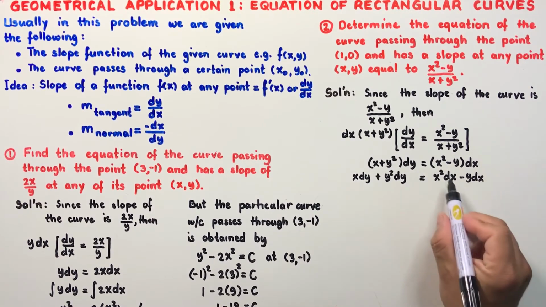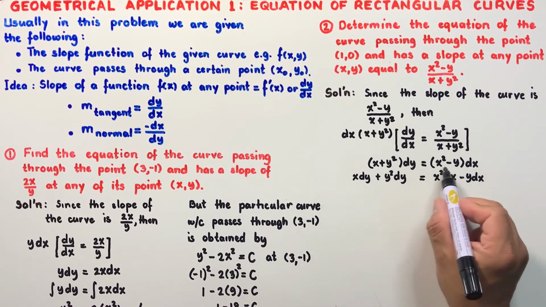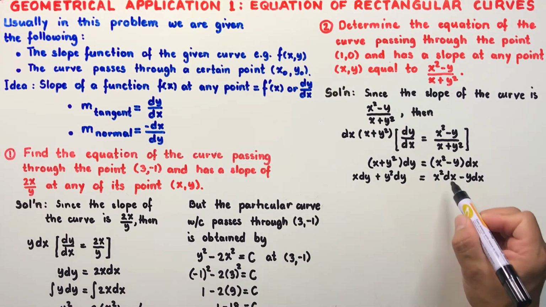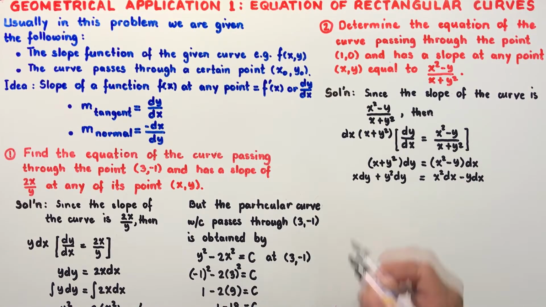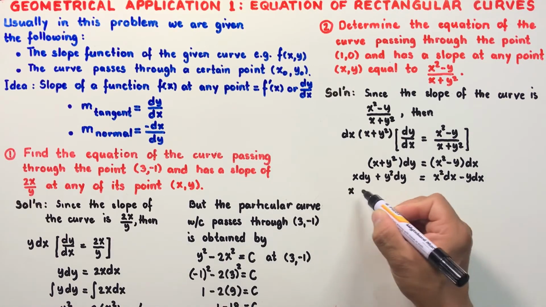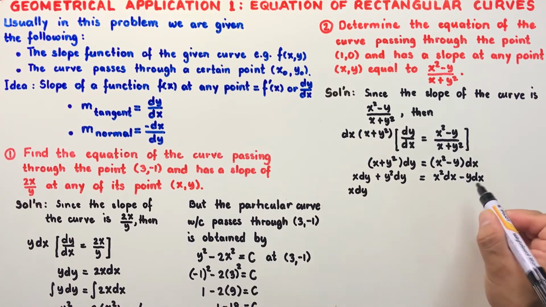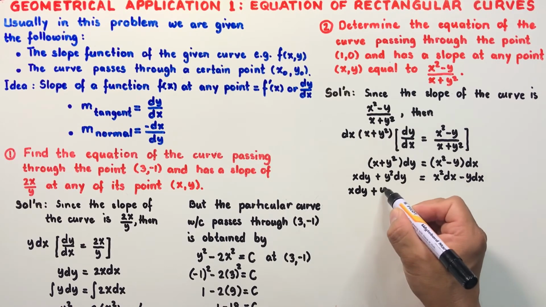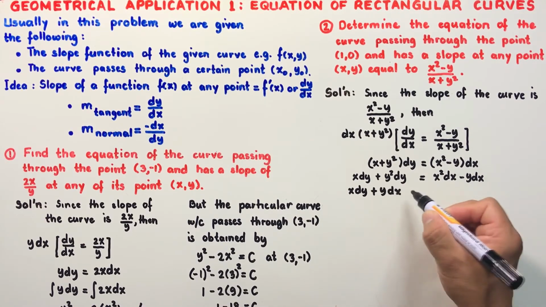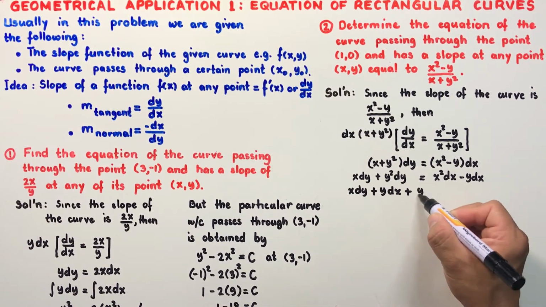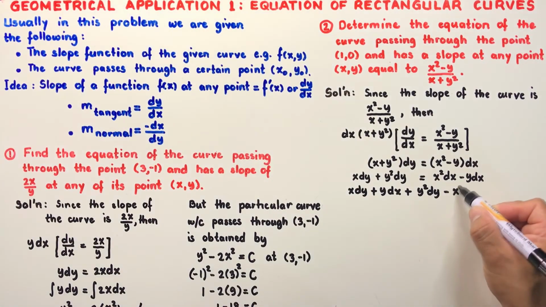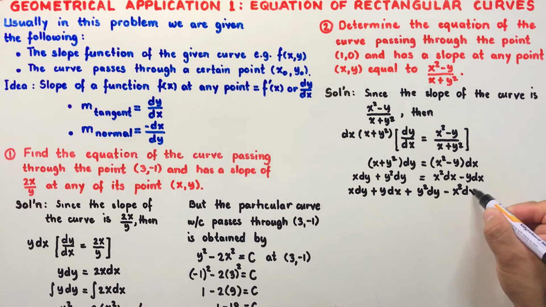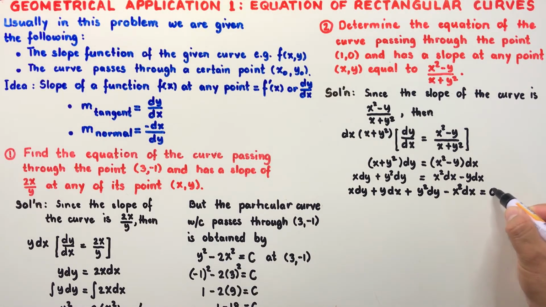If we distribute this dx to this binomial and move these two terms to the left side of the equation, we have x dy plus y dx plus y squared dy minus x squared dx, which is equal to 0.